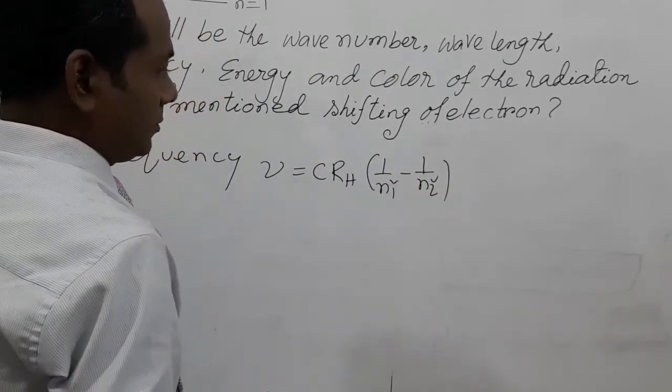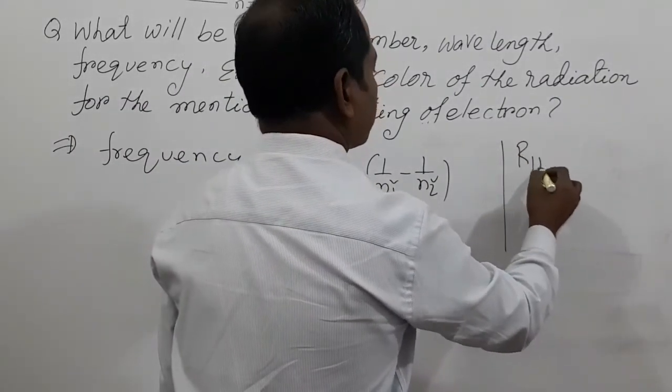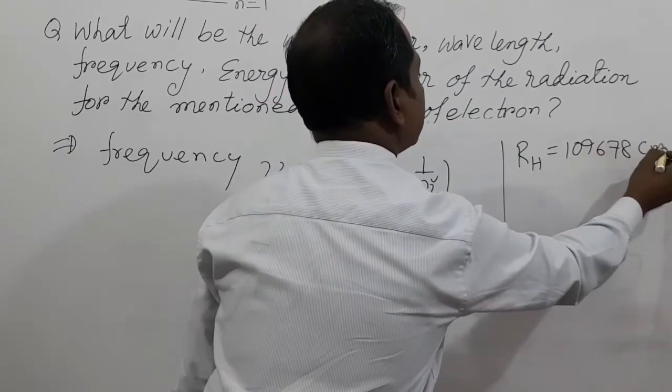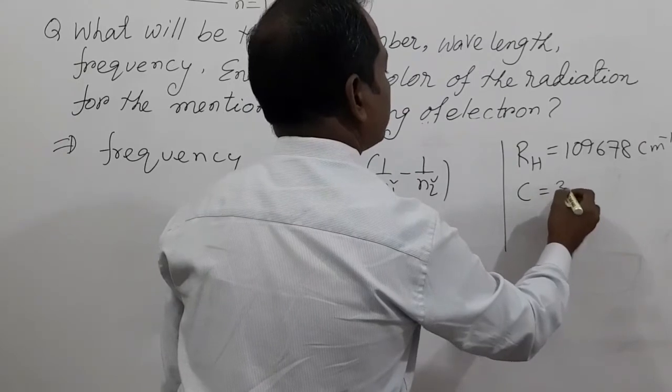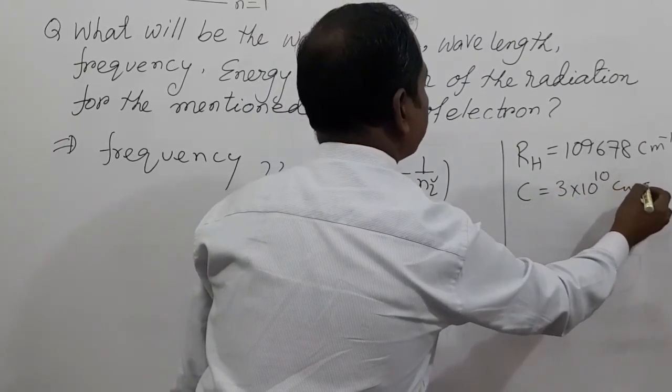And for this case, if we use Rydberg constant 109,678 centimeter inverse, then we have to write c equal to 3 × 10^10 centimeter per second.